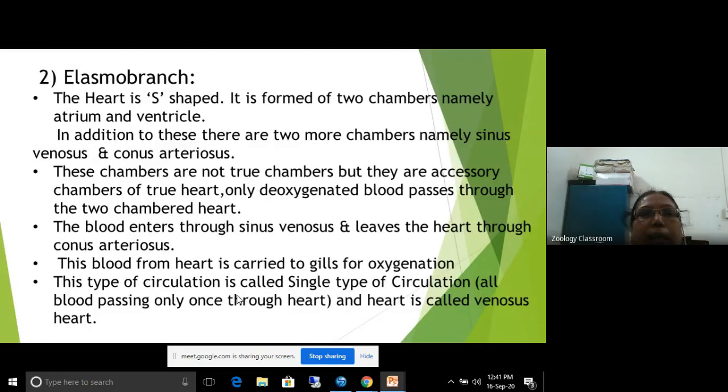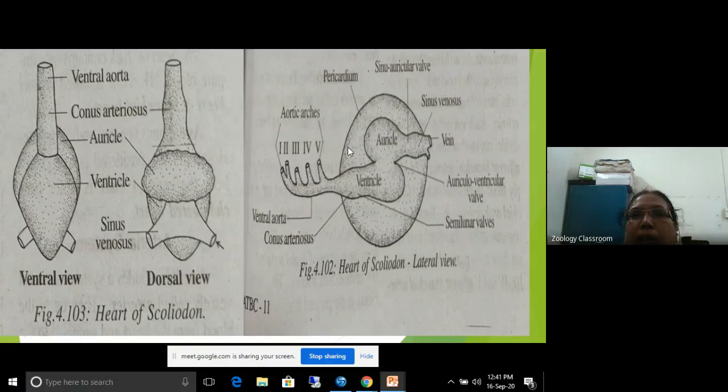So let us see the diagram first. This is the heart of dogfish. The auricle and ventricle are the only two chambers, and the sinus venosus and the conus arteriosus are the accessory chambers. The sinus venosus is formed by the hepatic sinus and cardinal veins.